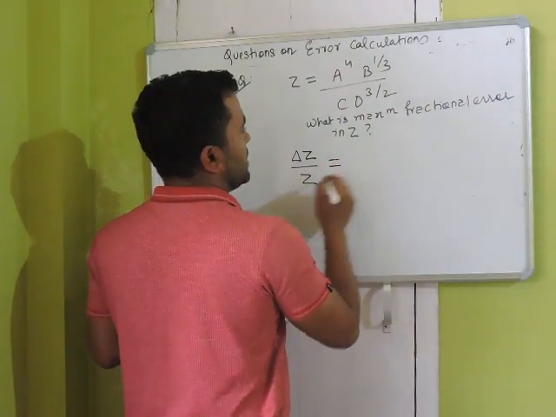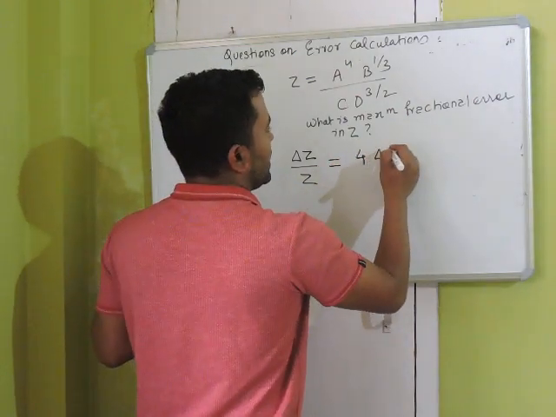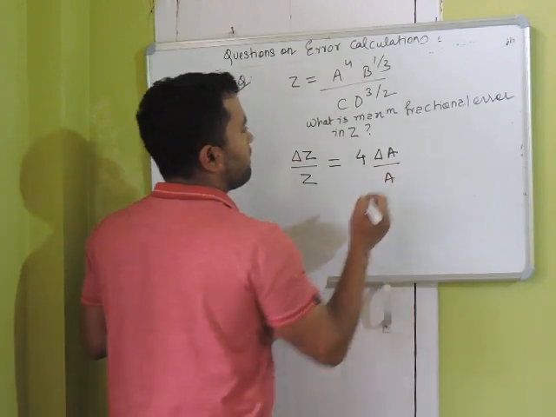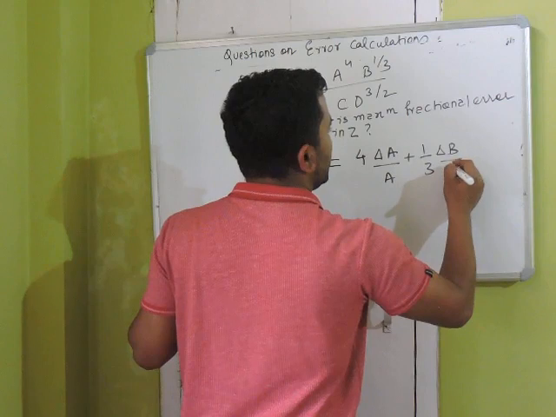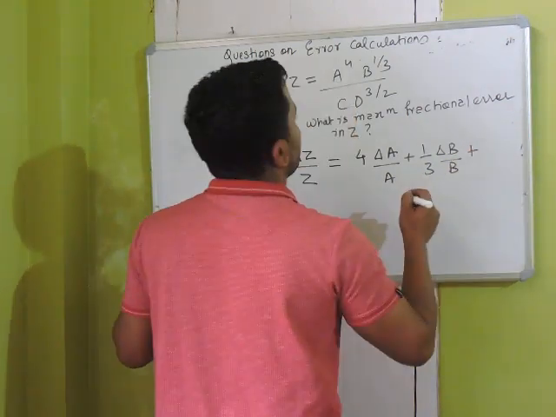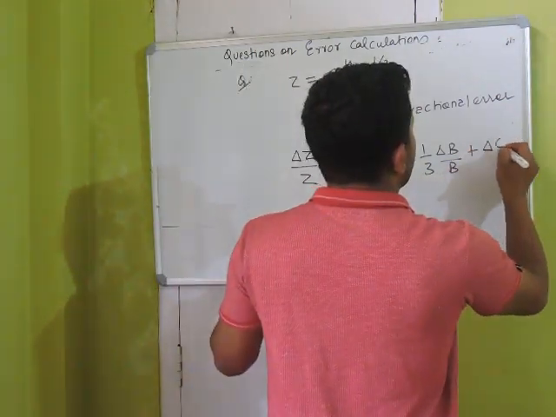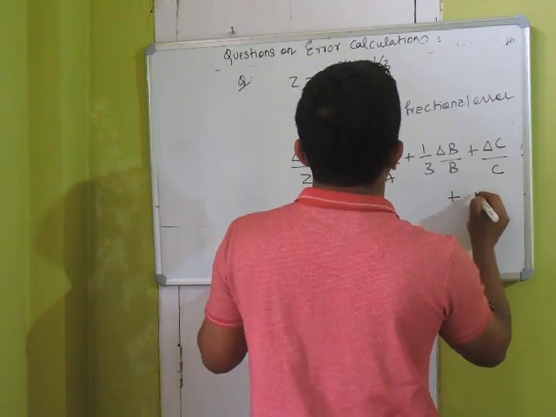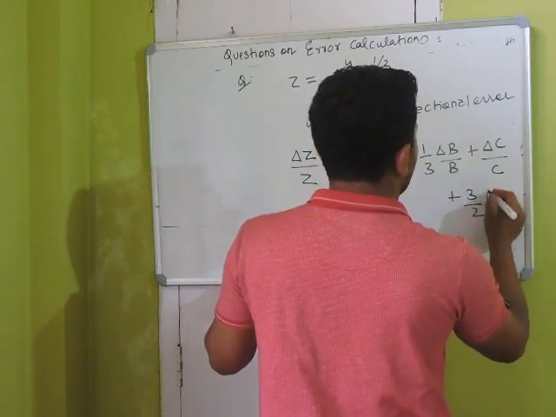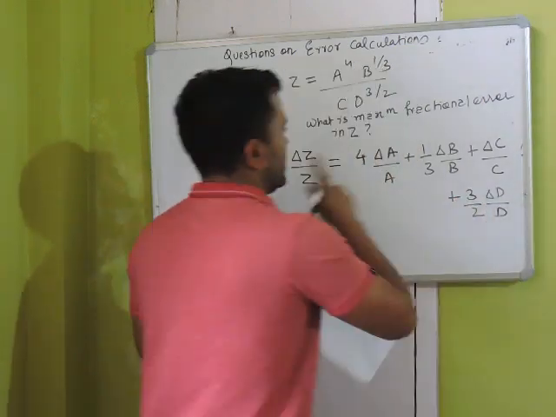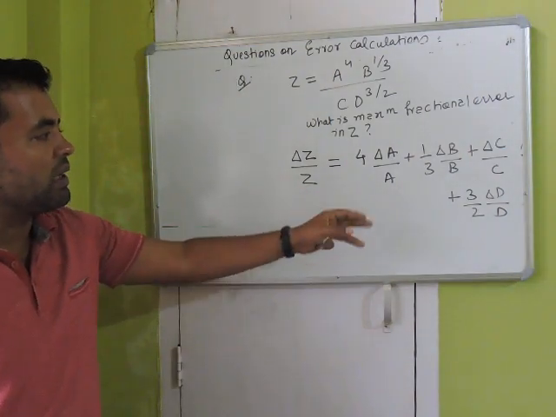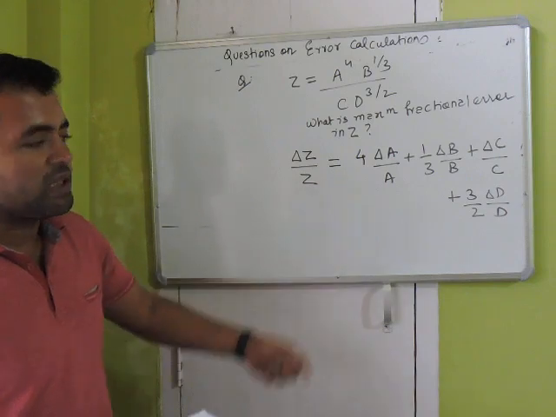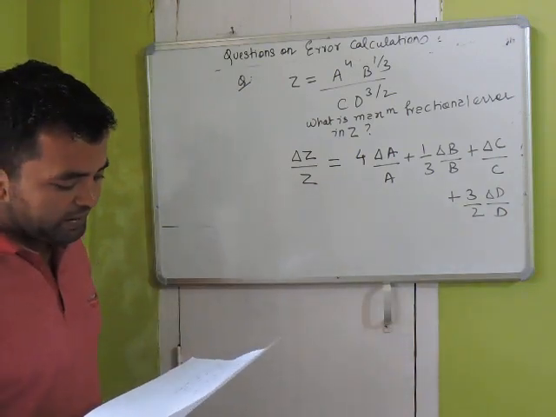This is written as 4 delta a by a plus 1 by 3 delta b by b plus delta c by c, c has power only 1, plus 3 by 2 delta d by d. So if I know these numbers, then we can calculate the maximum fractional error.